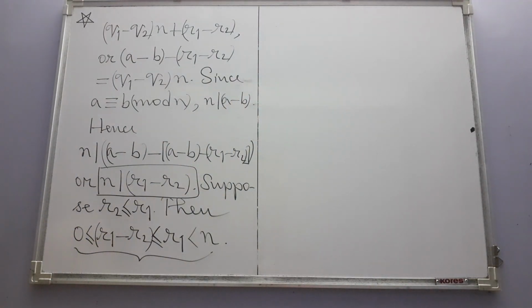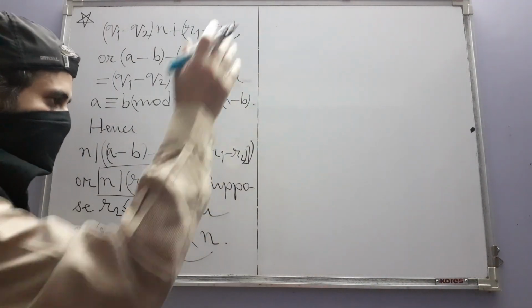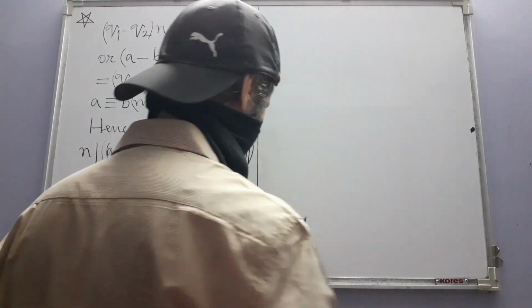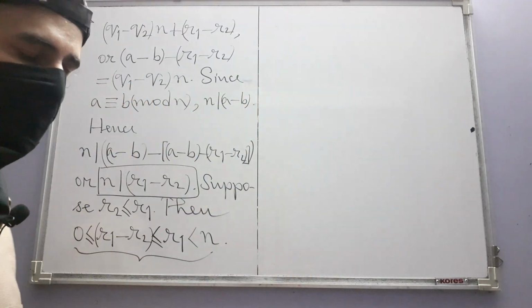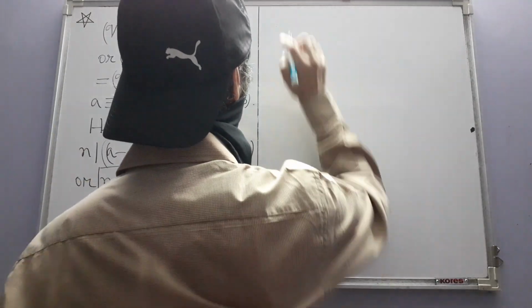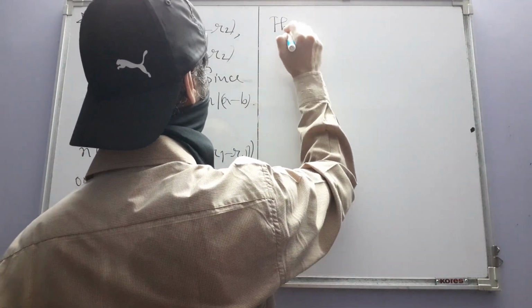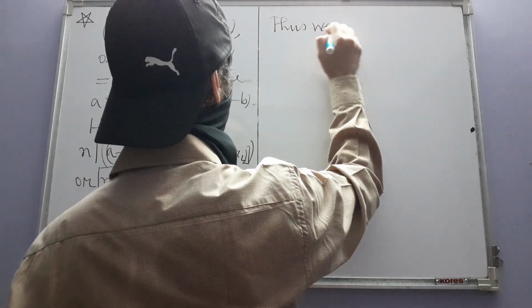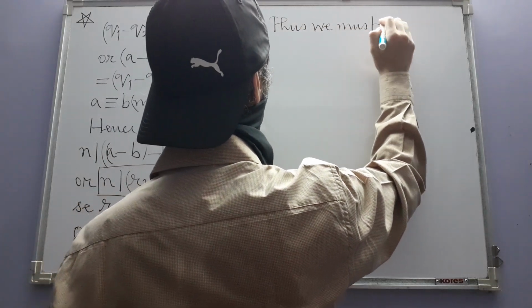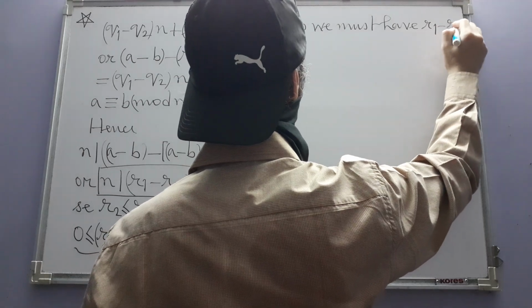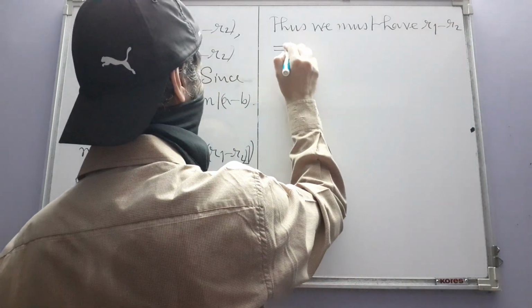So we must have, if you want, you can write these things in words. Okay, I am not going to do that. I am saying it orally, but I am not going to write it. I am simply going to write, thus, we must have R1 minus R2 equal to 0.